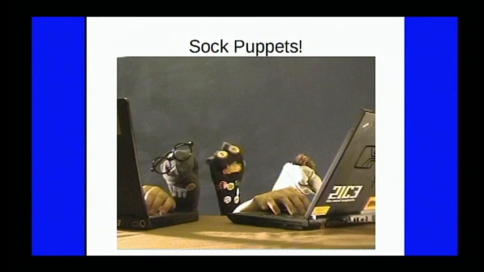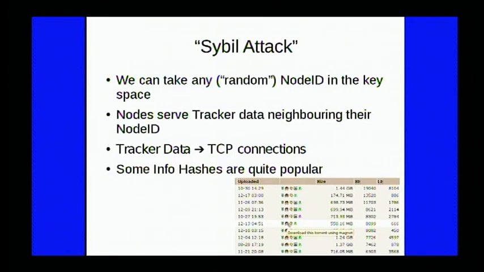These are the cheap replicas of meaningful nodes, or as in the so-called Sybil attack, it's forging identities in peer-to-peer networks. Sybil is named after a woman with a multiple personality disorder.